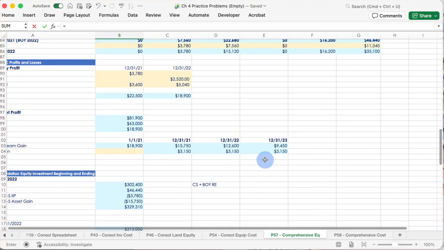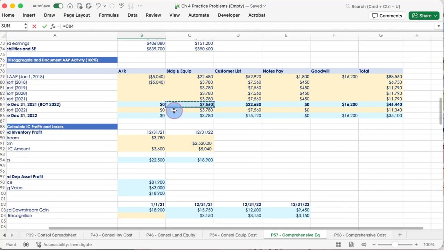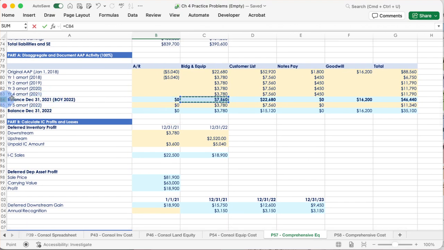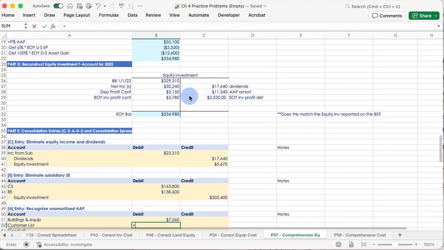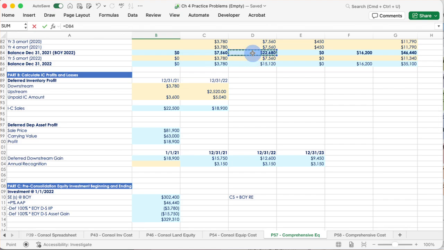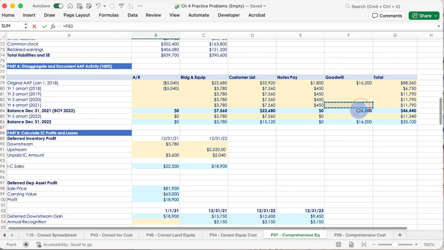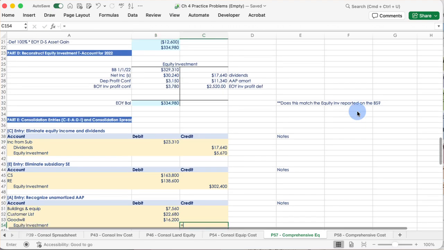And so we'll come back up here, and we are going to grab this blue balance that was our beginning of year balance. So we'll take the $7,560 for the building, $20,680 for our customer list, and $16,200 for goodwill. We'll sum those up.